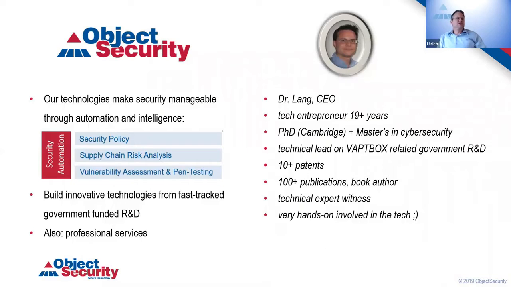In more recent years, we've worked on supply chain risk analysis automation, especially in our Navy project, where we look at IT supply chains, but from the angle of procurement data and shipping data and supplier data and so on.